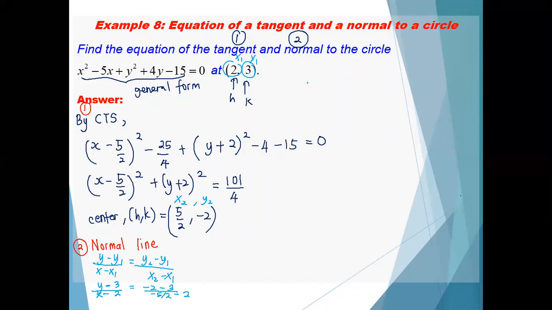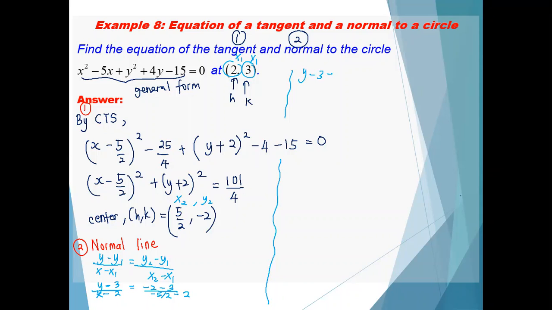Okay, so kita sambung kat sini. Paling senang you buat y minus 3 kat sini, dapat negative 10. Okay, so x minus 2 naik ke atas lah.